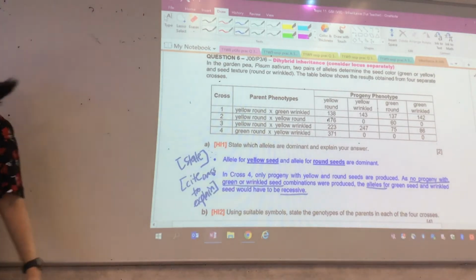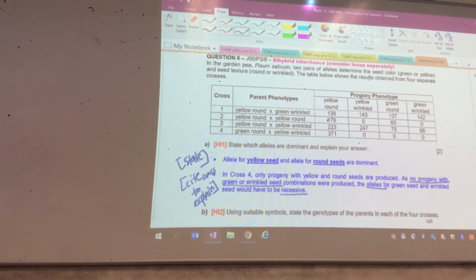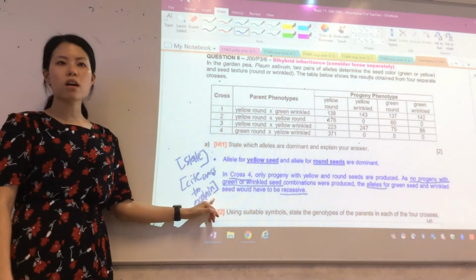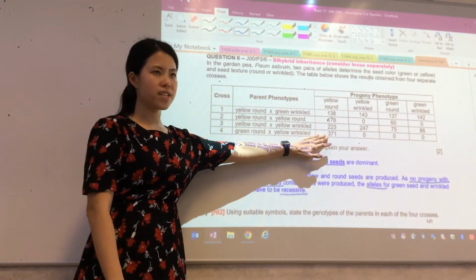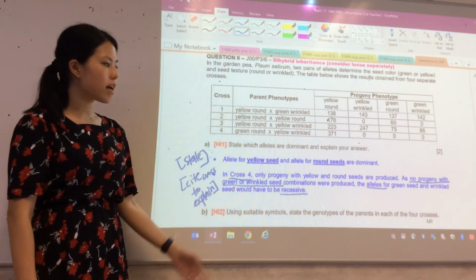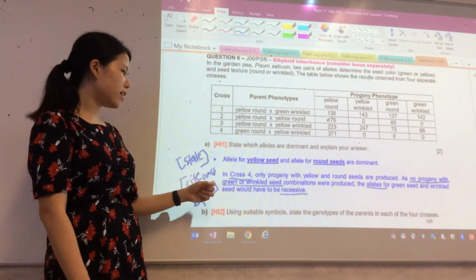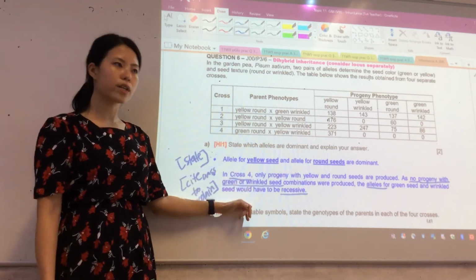So cross 4 is the best to cite. The key idea that you should talk about for cross 4 is that you only get this result, that means all yellow and round. You do not have any that's green or wrinkled.